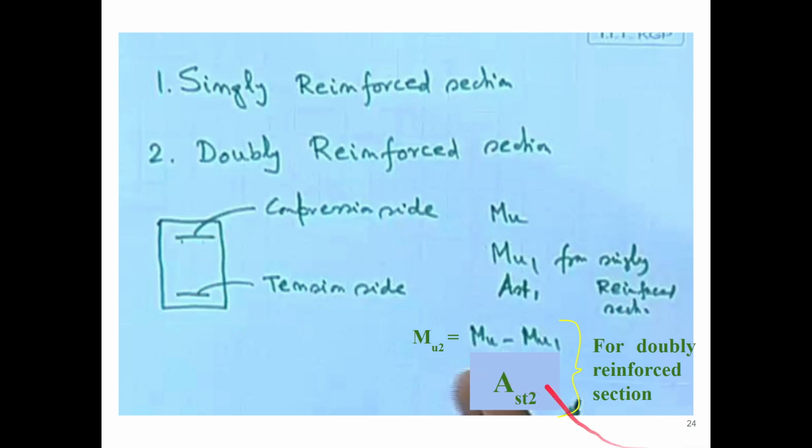Because of providing reinforcement on both sides, some extra parameters come in, such as Mu2, Ast2. In a singly reinforced section we only had Mu1, Ast1, but in doubly reinforced we will have Mu2, Ast2, Asc, fsc, etc. We will discuss all of those.